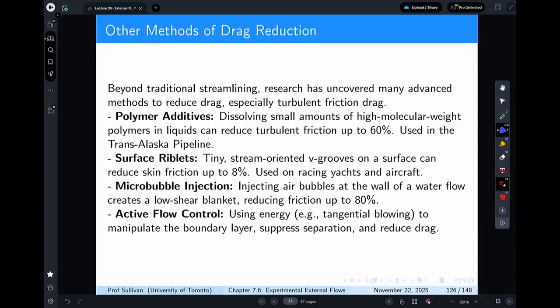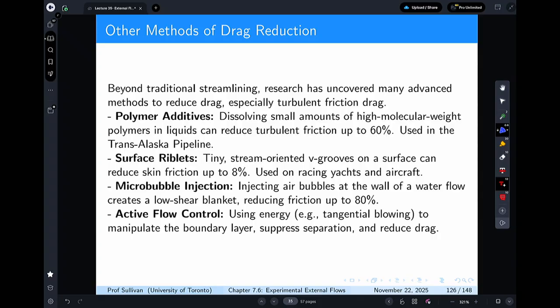That hasn't done very much. It's used in the Trans-Alaska pipeline because there's not going to be any cross-contamination with drinking water, but it's limited.